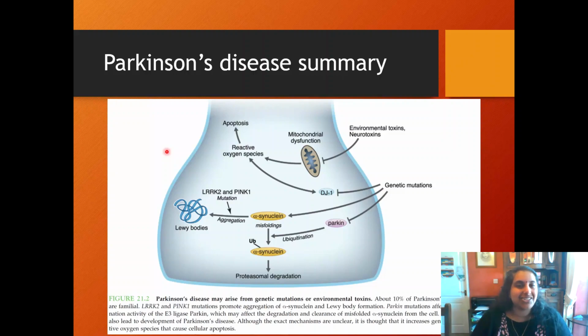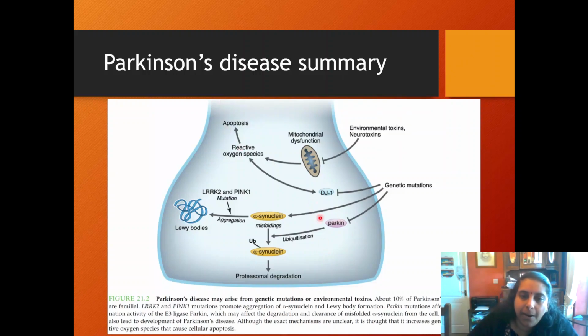All right, but just to give a summary of what we kind of do know, it seems that environmental toxins, neurotoxins, can cause mitochondrial dysfunction. Genetic mutations can cause these proteins not to be there. This can cause mitochondrial dysfunction and increases in reactive oxygen species, which might themselves then cause apoptosis.